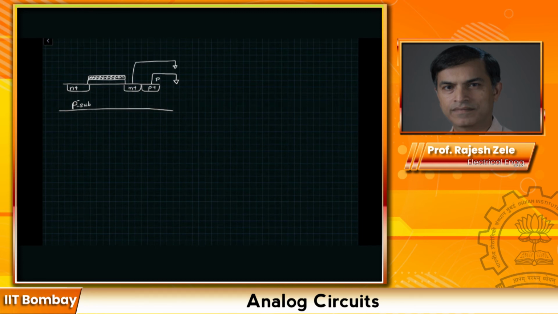So this is our bulk, this is our source, and we will apply a VDS. This is the drain region. We are going to apply VD like this. And to the gate region, we will apply a gate potential in this fashion, plus.